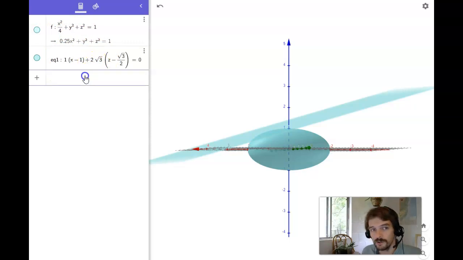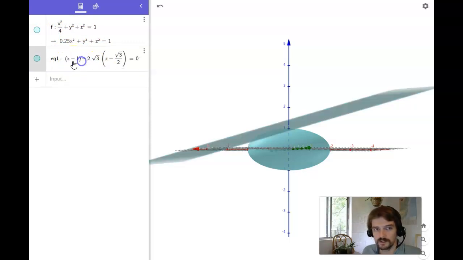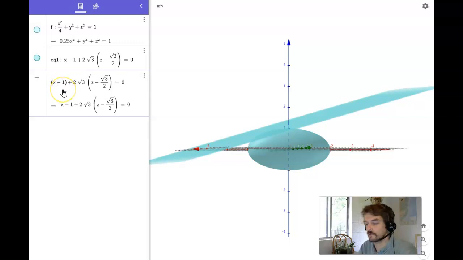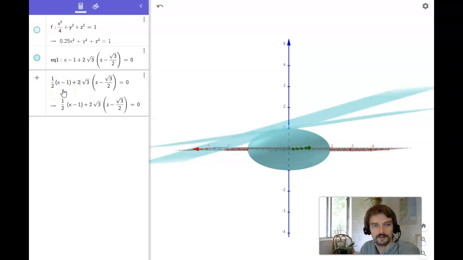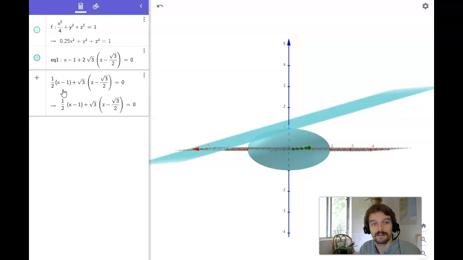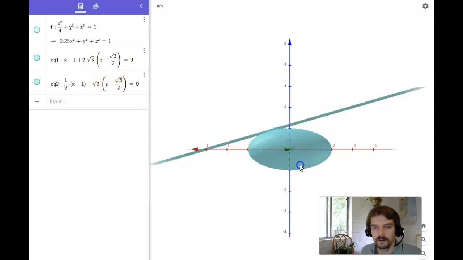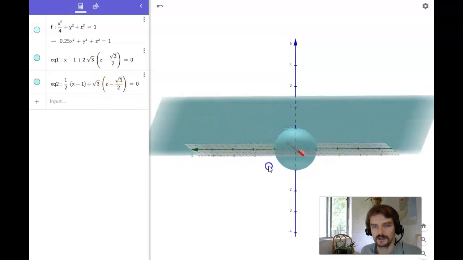When I go to this new equation with the quick method, that's when you end up with the 1/2 and the root 3, which is why I had those when I first wrote it up. Notice these two are equivalent because one's just twice the other, and there's a 0 on the right-hand side, so it's not a big deal.